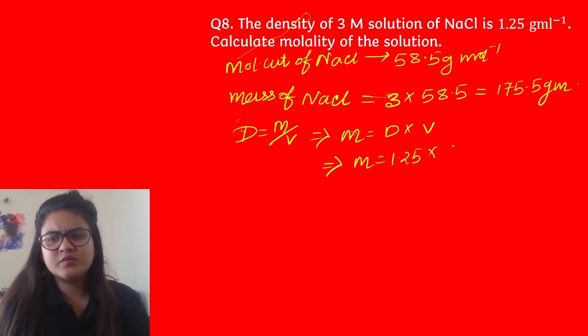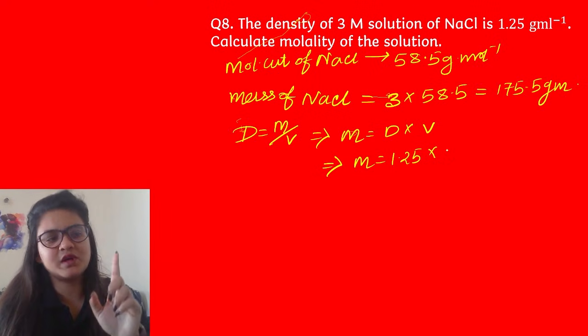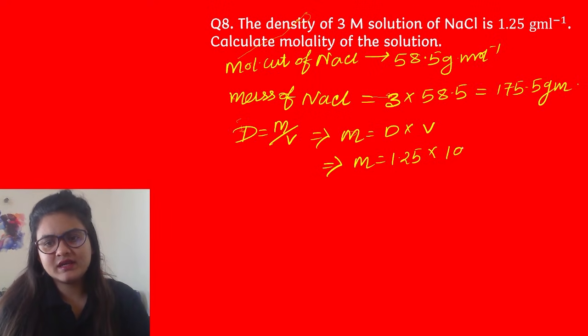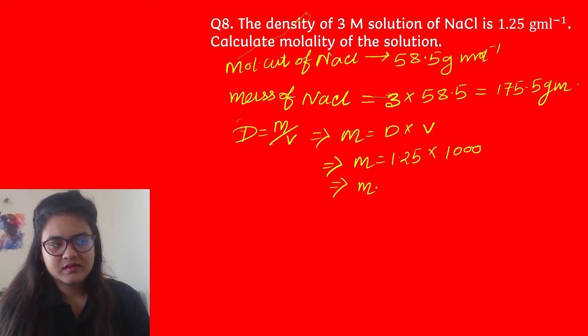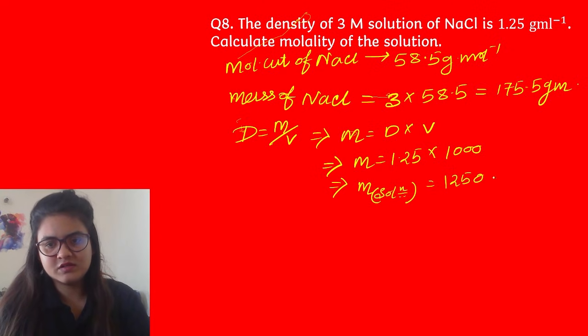Let the volume be 1 liter, because 3 molar solution means 3 moles present in 1 liter. So we can take it as 1000 ml. So the mass of the solution, definitely it is of the solution, will come up to be how much? 1250 gram.